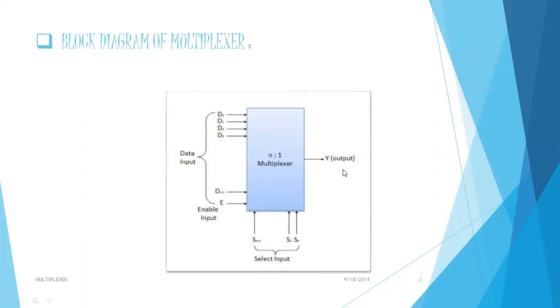This is the block diagram of a multiplexer. It is a combinational circuit that selects binary information from one of many input lines and directs it to a single output line. Normally we take 2 power n input lines, and n selection lines are required. That is the introduction of the multiplexer.